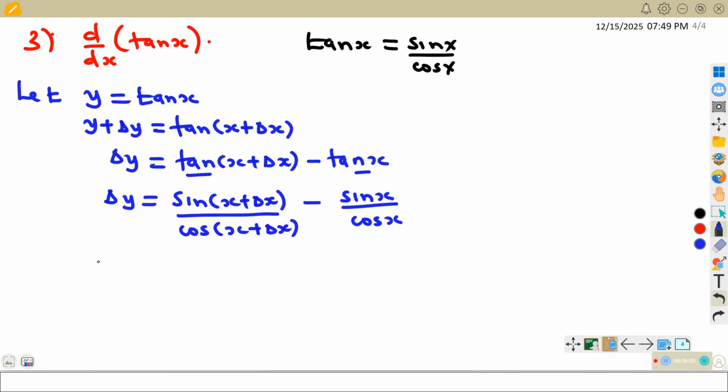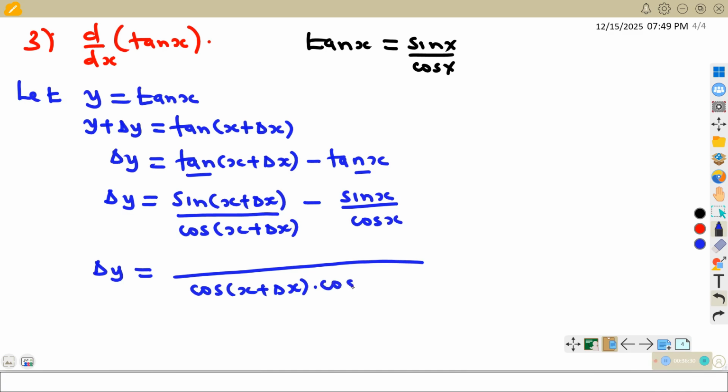Okay, from here we are having delta y, which is equal to, I want us to get the LCM from this given step. So can we have this as cos of x plus delta x times cos of x as our LCM? When we divide the LCM by this, we shall get cos of x, and we multiply it here.